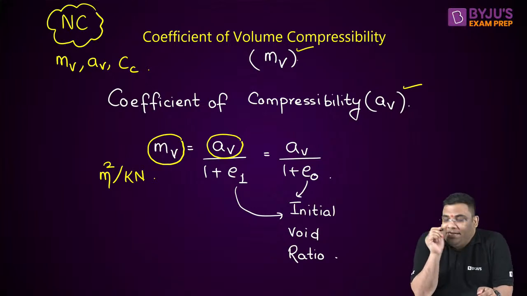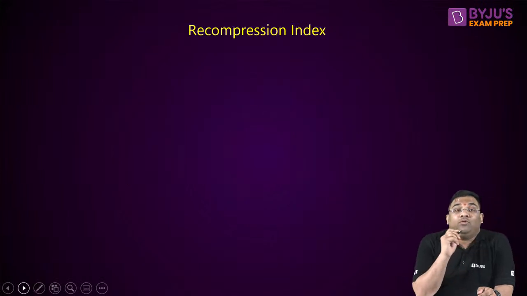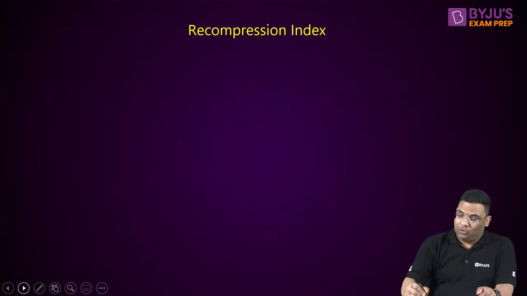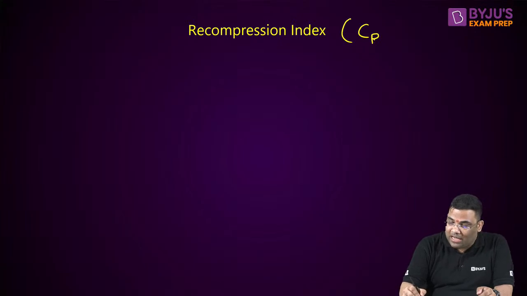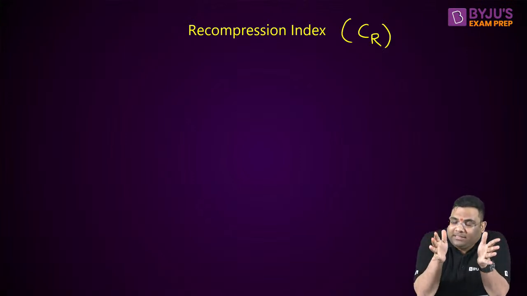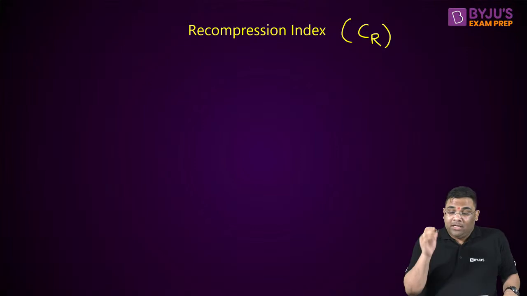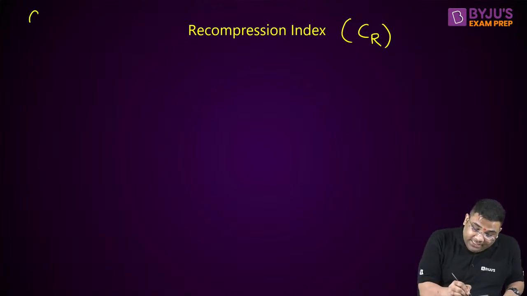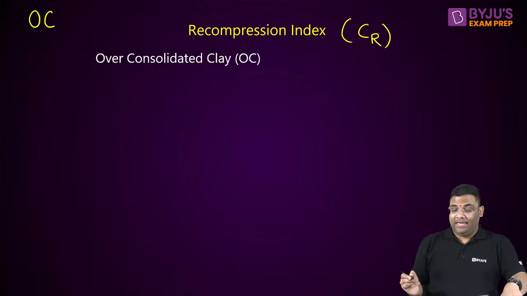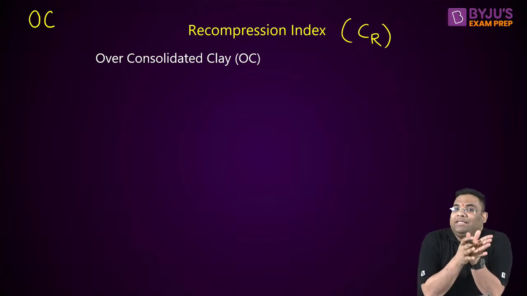Now, if we are defining for OC clay, what will happen? That term is known as recompression index, also known as CR. We have studied in yesterday's lectures. Those who have missed yesterday's lectures can visit them, also available on our official channel. We studied that in case of OC clay there was recompression, right? In NC, it is compression.